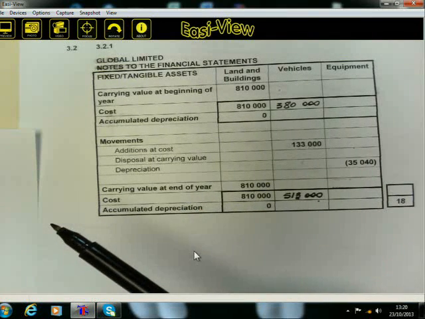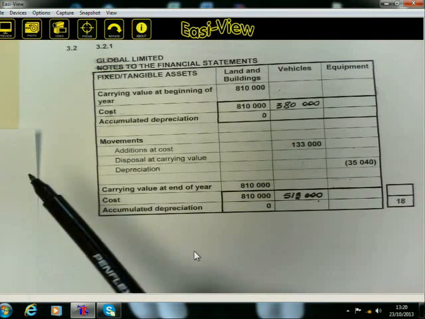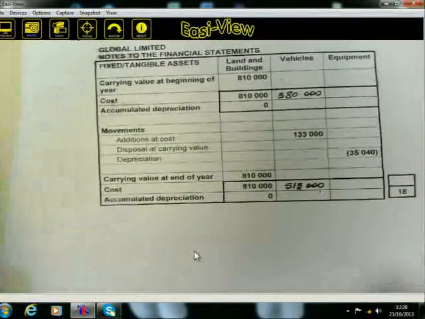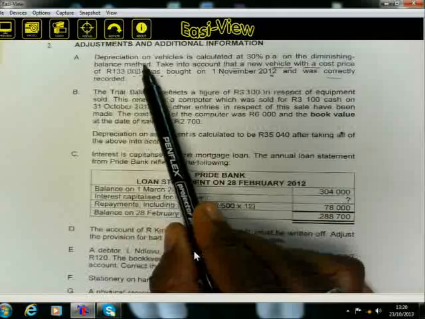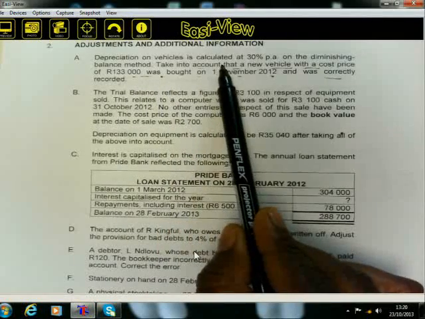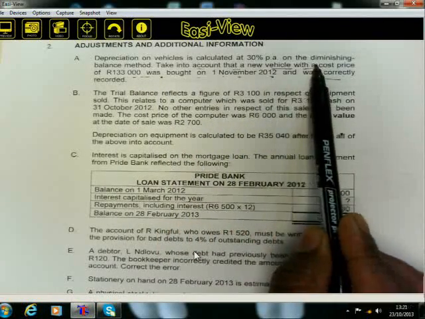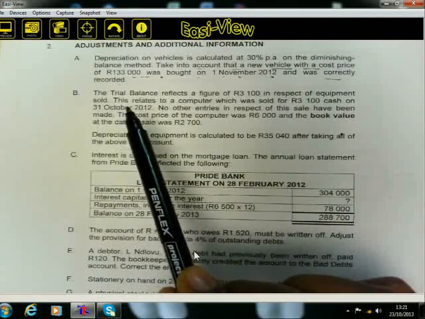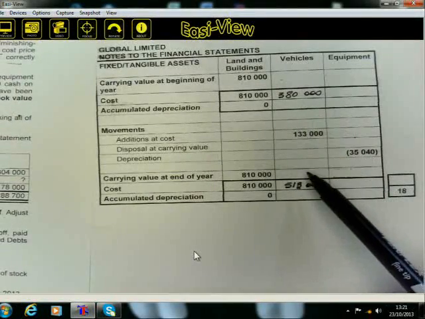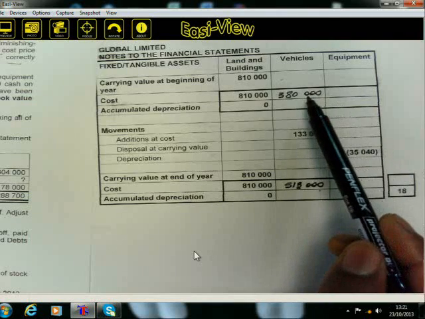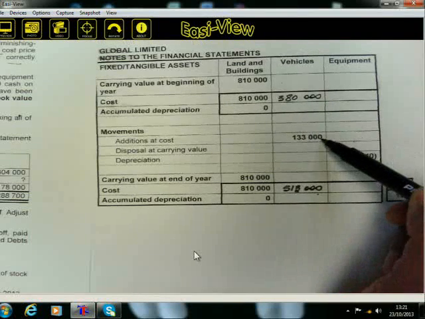Right? Then the information that we are given says you have to depreciate the vehicle at 30% on the diminishing balance. From this information, it shows we have more than one vehicle because this 133 is an additional one.